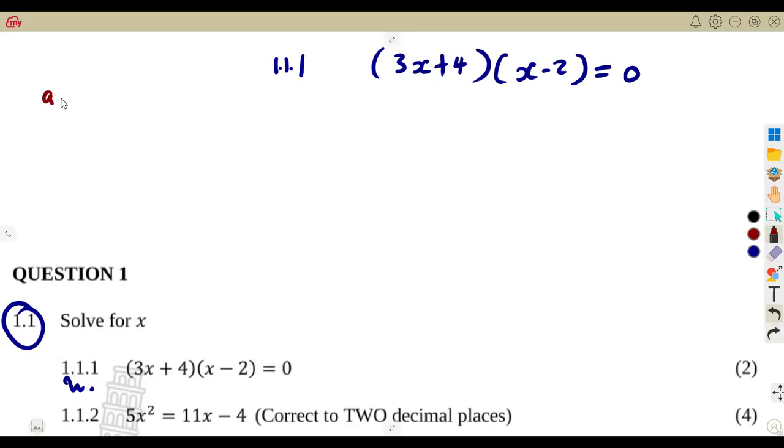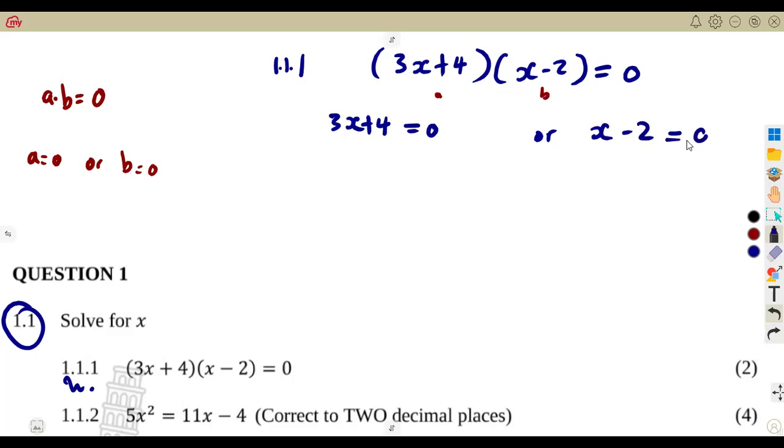So remember the zero product. For the product of A and B to be equal to 0, either A must be equal to 0 or B must be equal to 0. That's the condition, our A and our B from the brackets. So we can conclude that either 3x plus 4 must be equal to 0 or the bracket x minus 2 must be equal to 0.